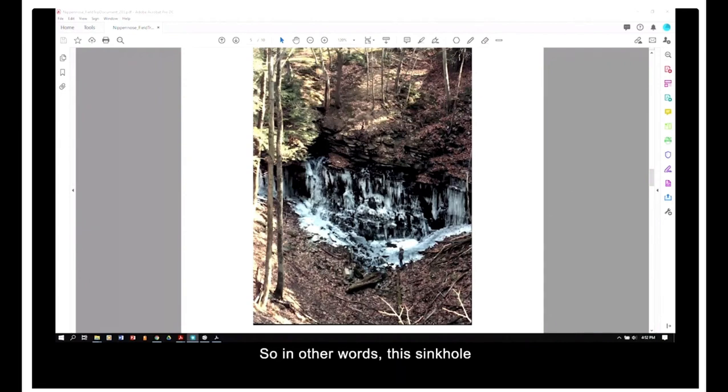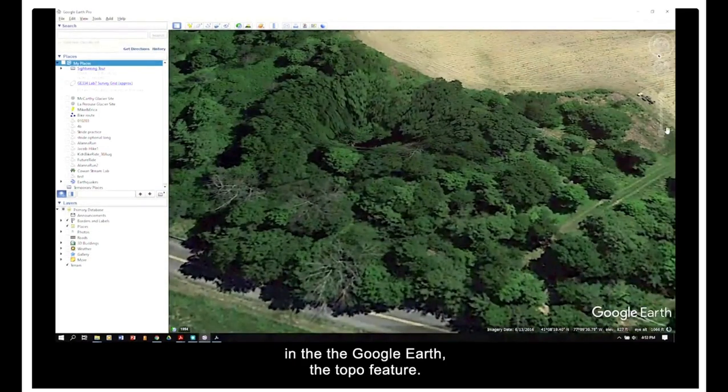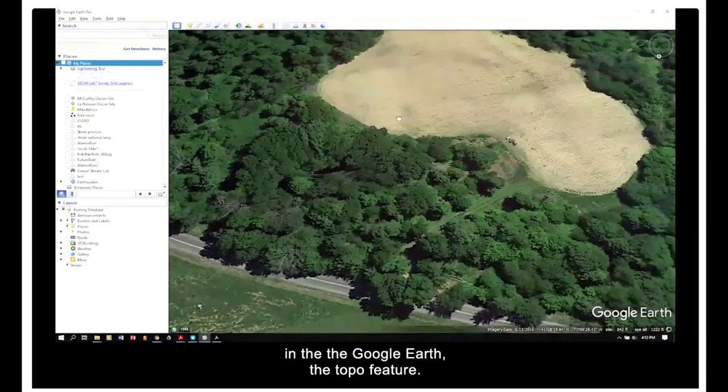So in other words, this sinkhole basically has limestone at the bottom, but then shale at the top. And here you can clearly see the sinkhole from the Google Earth, the topo feature.